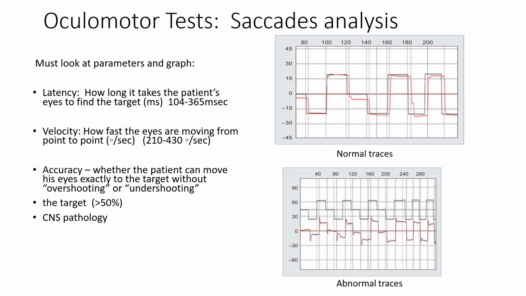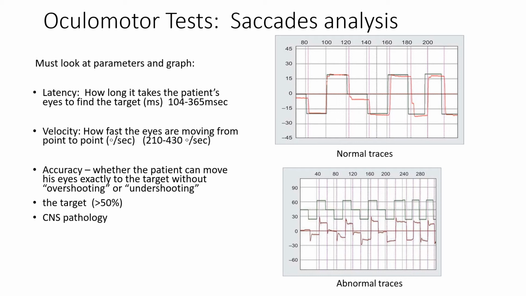And the third one, the accuracy, which refers to the prevalence of saccades that are longer than appropriate for the target displacement, which we call overshooting, and smaller than needed, undershooting. We can also refer to these as hypermetria and hypometria.